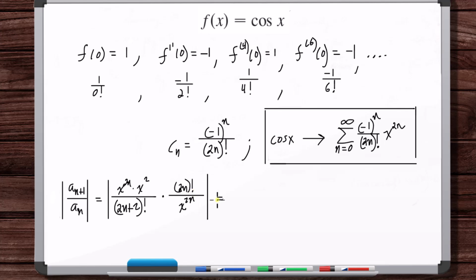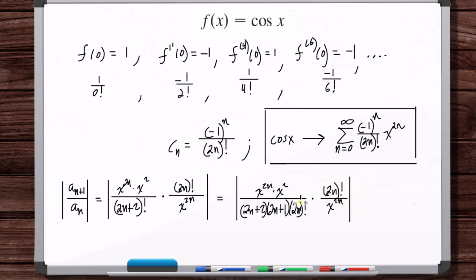So now we can write 2n plus 2 factorial as... okay, so we can take out this 2n plus 2 times 2n plus 1, which is always positive.